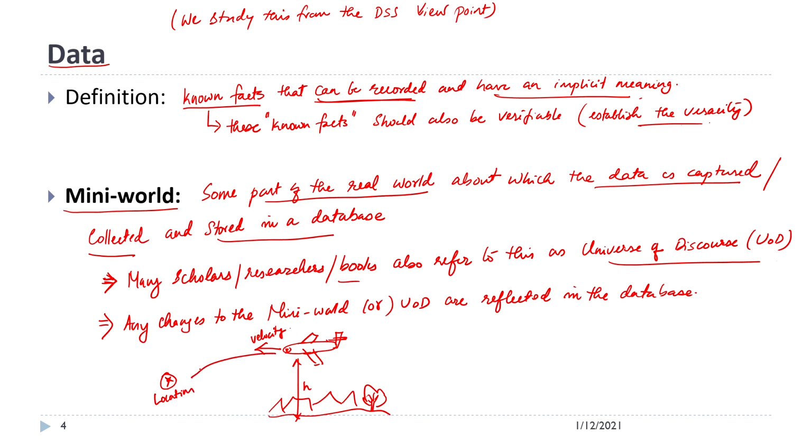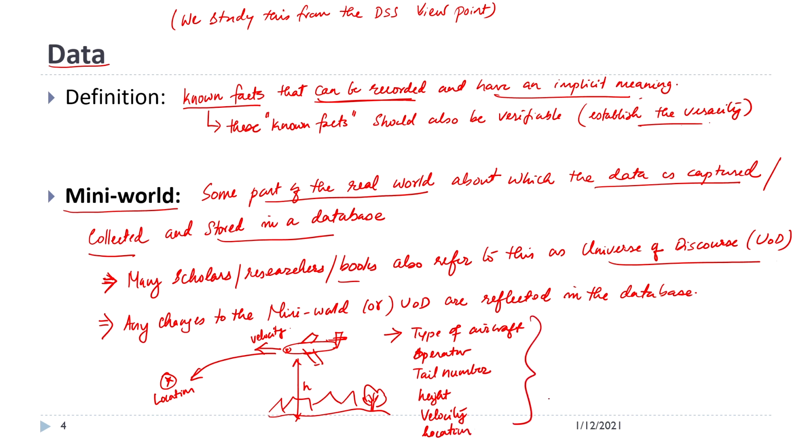You can think about the type of aircraft, air operator, tail number. Then you store the height, then velocity and location.